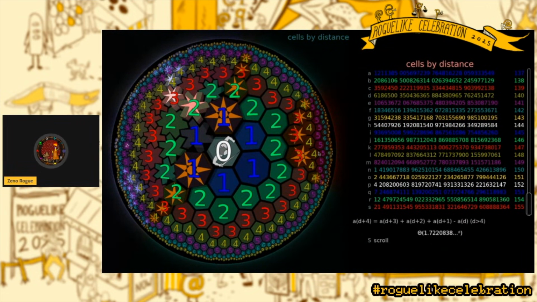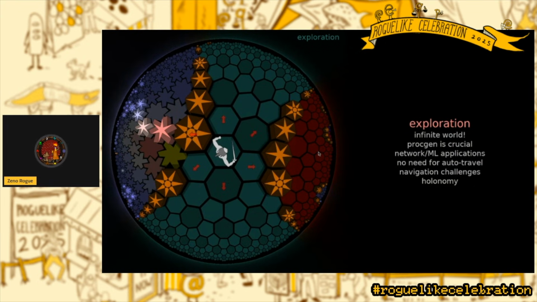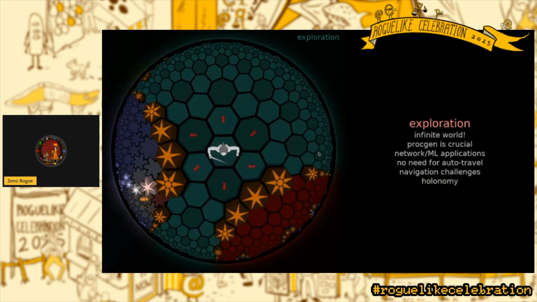Because of this exponential growth, and of course since we have this infinite world, procedural generation is crucial. This infinite growth is also what is used in the scientific application that I mentioned.